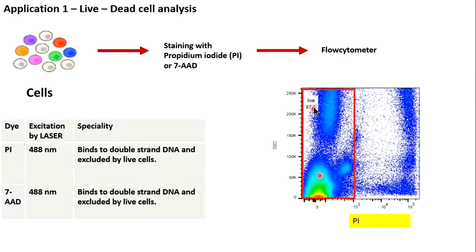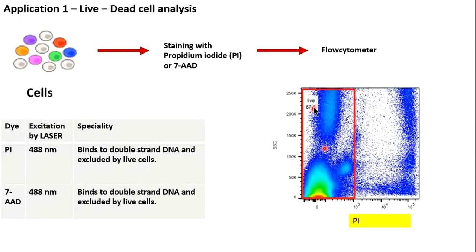So PI positive are dead cells and PI negatives are live cells. Within 5 minutes, in a given cell suspension, you can find out whether your cells are PI positive, meaning dead, or live cells which are PI negative.